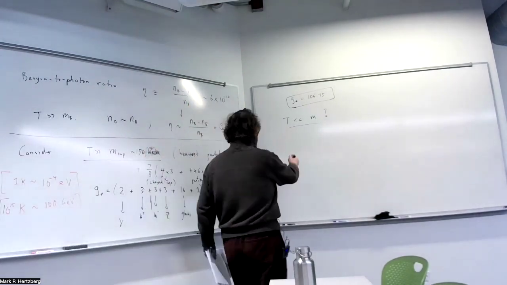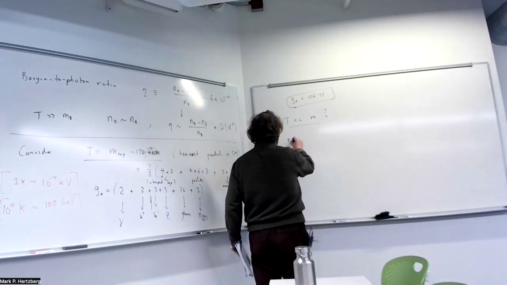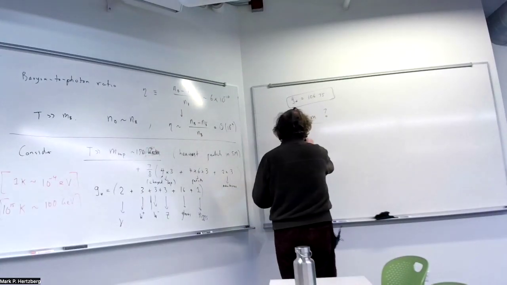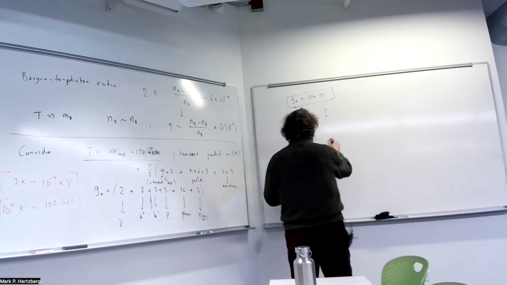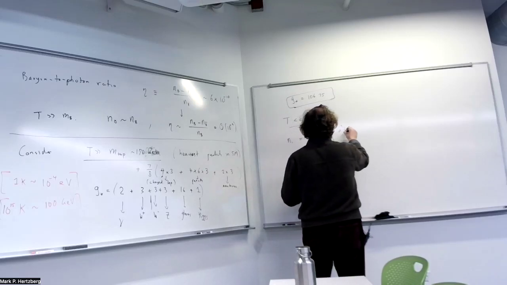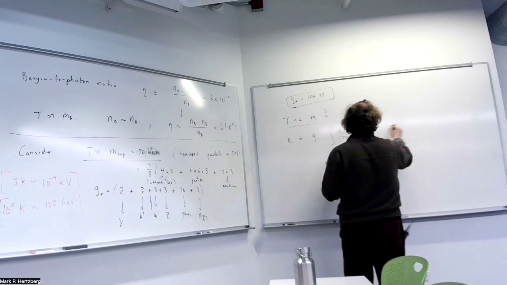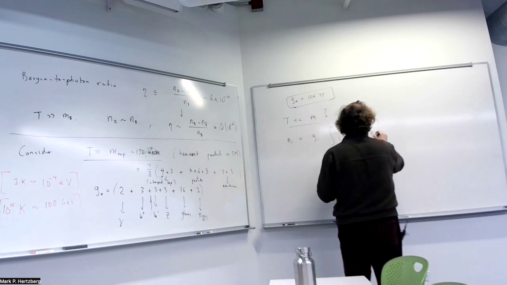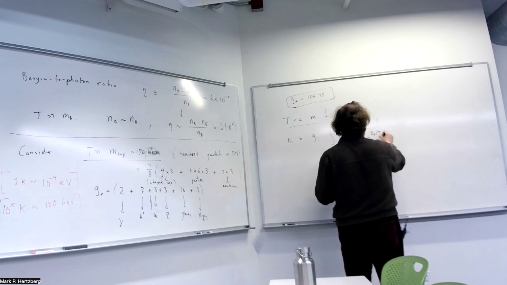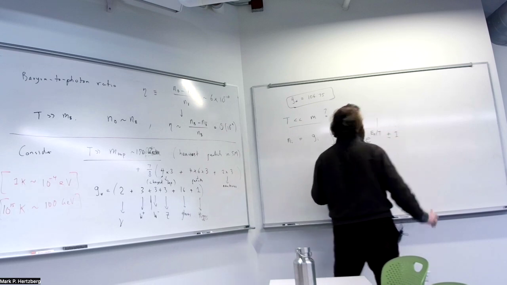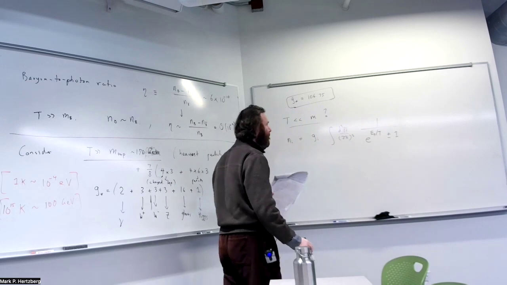Okay, so let's go back to our formula for the number density for some species i. Now I'm going to write the energy E(p) plus or minus 1. We'll do bosons and fermions all together.